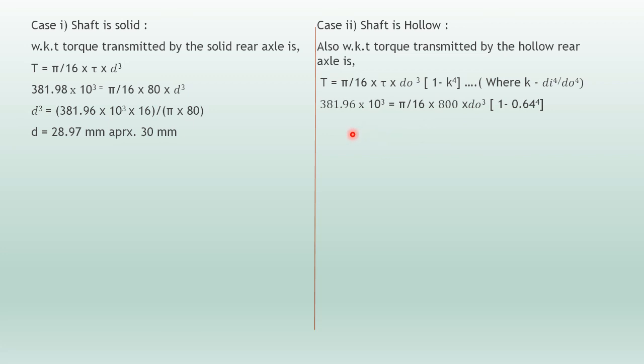Don't forget to put the brackets. So by calculating this you will get the outside diameter equal to 31 mm. So here is your answer. By considering the solid shaft you will get 30 mm outside diameter, and by considering the hollow shaft you will get 31 mm diameter. Both answers are correct.